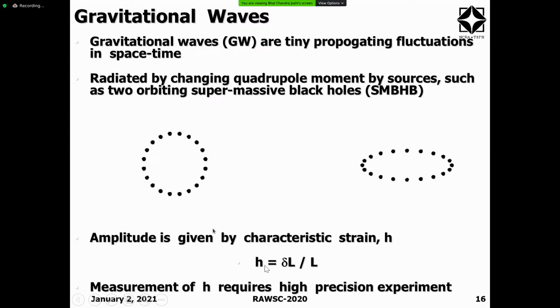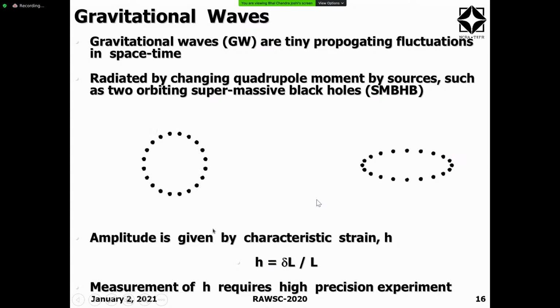Now, this number is very, very tiny. For high frequency gravitational waves, this is of the order of 10 to the power minus 18 to 10 to the power minus 21, depending on the source. The typical nuclear dimension is 10 to the power minus 15. So it was a very hard thing to detect.